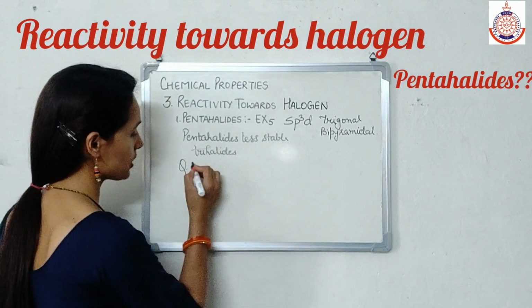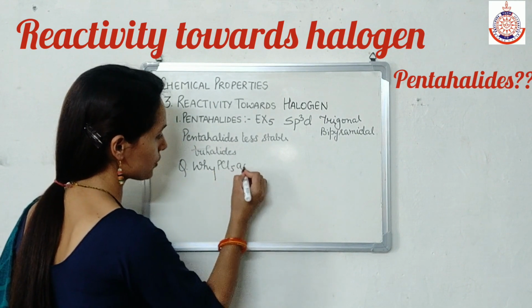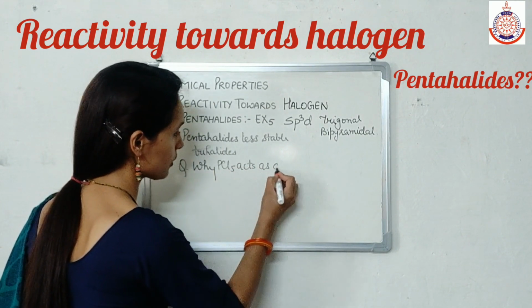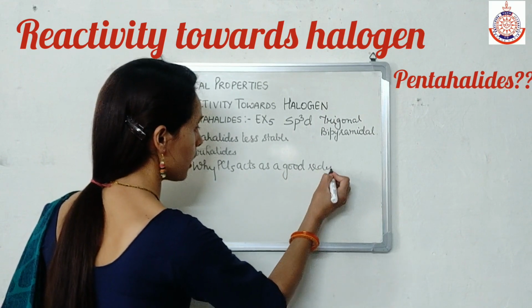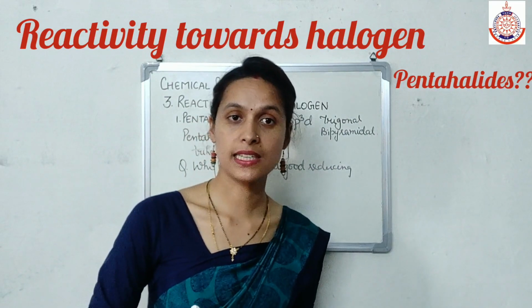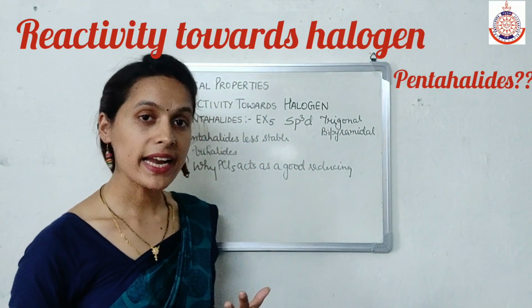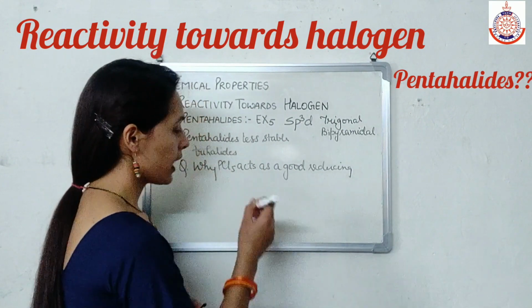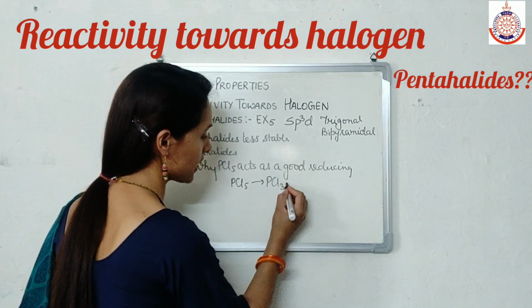Now there is a question: why does PCl5 act as a good reducing agent? The reason is that due to instability, PCl5 acts as a good reducing agent. And why is it unstable? Because it gets converted into PCl3 plus Cl2.